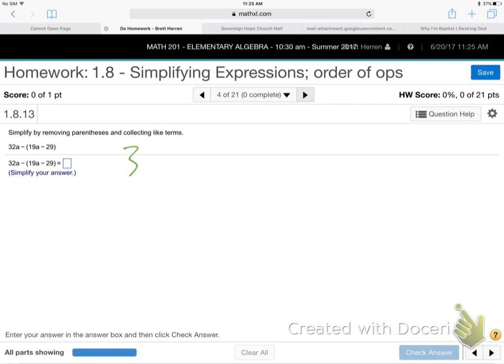Okay, so 32a minus parentheses 19a minus 29. What do we do with that minus sign up against the parentheses? Go ahead and distribute it. Let the parentheses drop off, and distribute that minus sign to hit both of them.